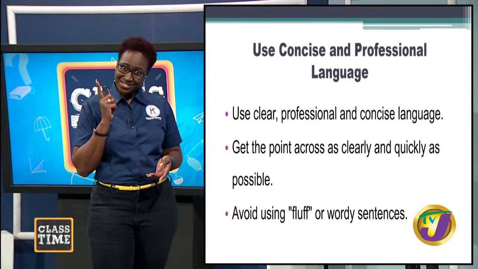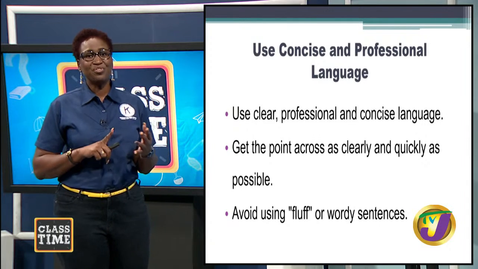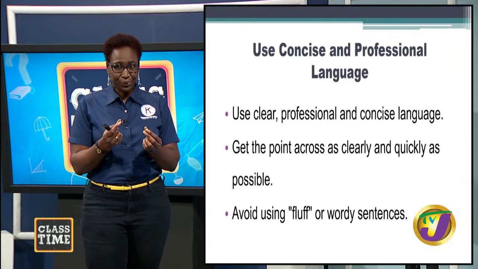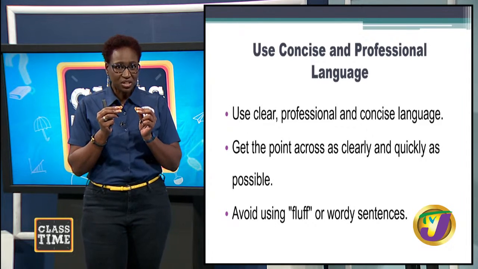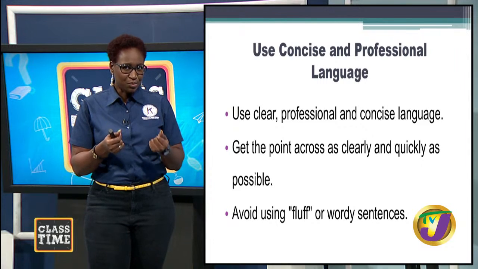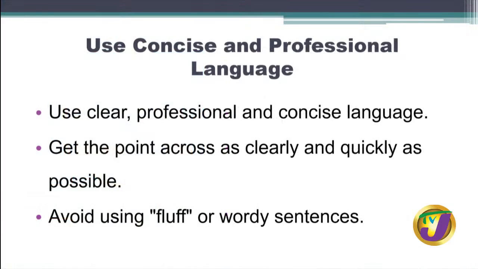Again, you see that C word keeps coming up? You need to use concise and professional language. So you're going to keep it clear. You're going to keep it professional. You're going to keep it at, I wouldn't say bare minimum, but yes, bare minimum. So you need to get to the point quickly and clearly.